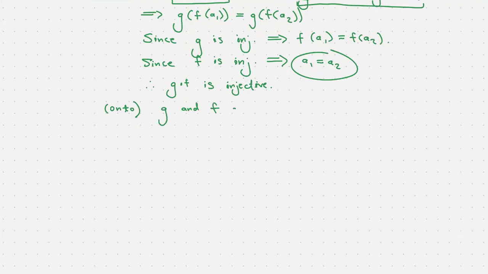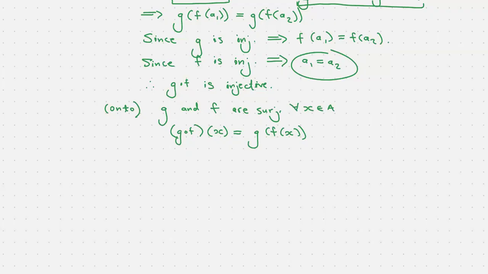And then we have that g composed with f of some x is equal to g of f of x, for all x in A in our domain.